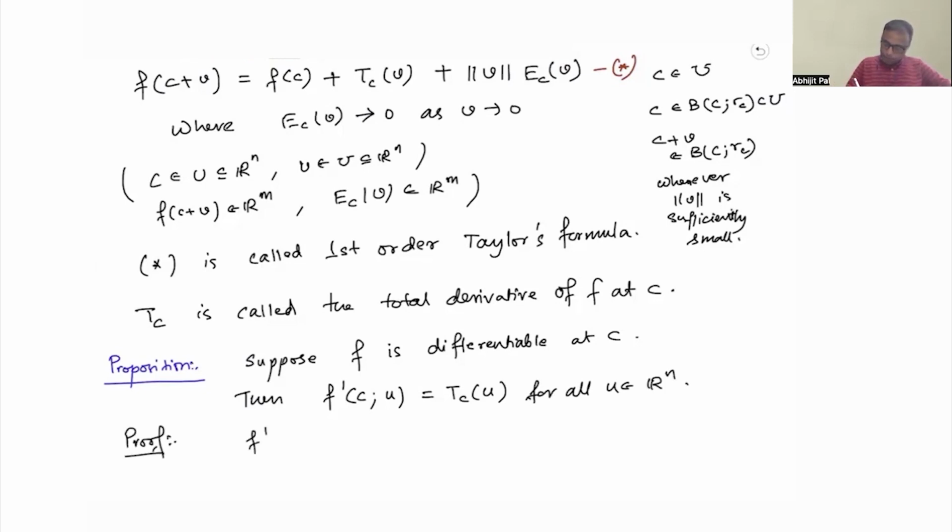Okay, so what is the proof of this? So f prime c 0, from the definition it is clear that this will be equal to 0, which is again equal to TC of 0. So now let us take b to be equal to hu, where b is not equal to 0.